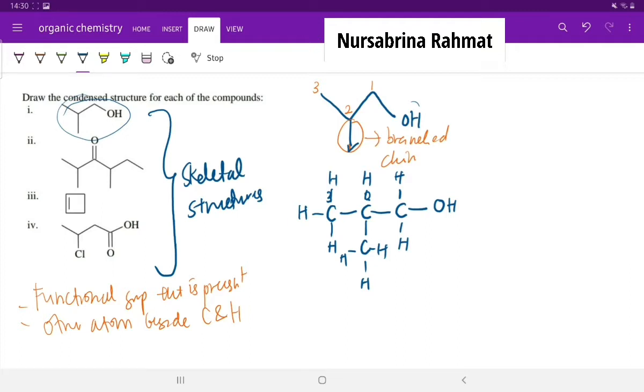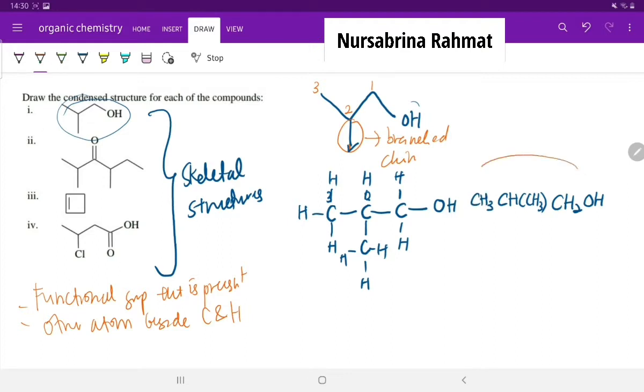If I want a condensed structure, I'm going to simplify. At the first carbon we have CH2 attached to OH. At the second carbon I have CH with a branch of CH3. You put brackets to show the branch. And the third carbon we have CH3.